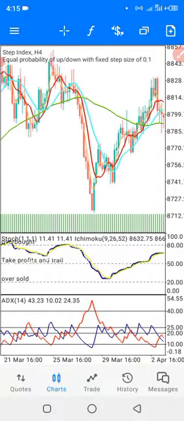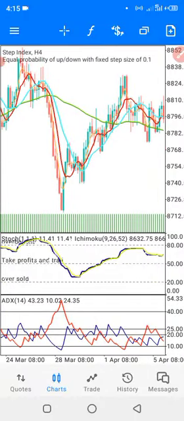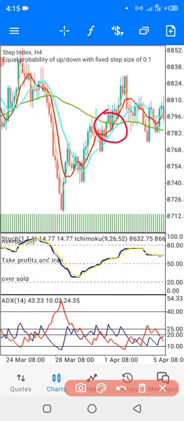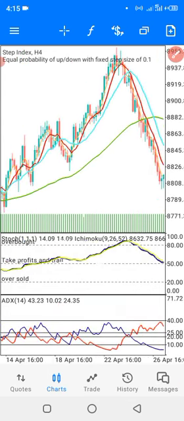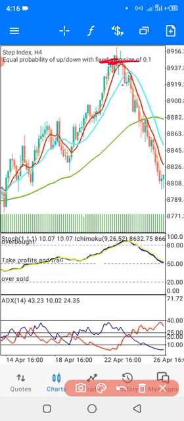This trend bought from this level, it bought from this level, and got all the way, look at it, all the way until this level, before the trend change.